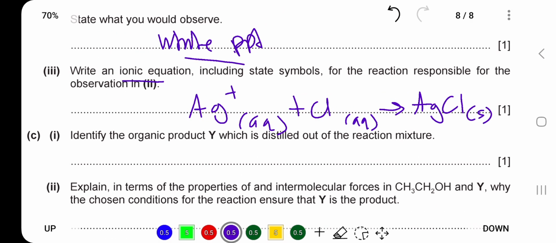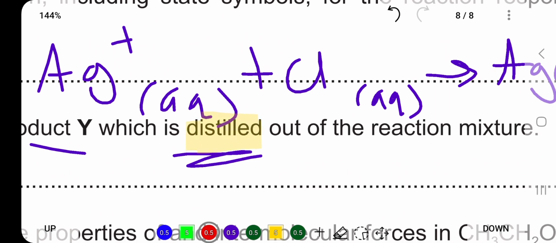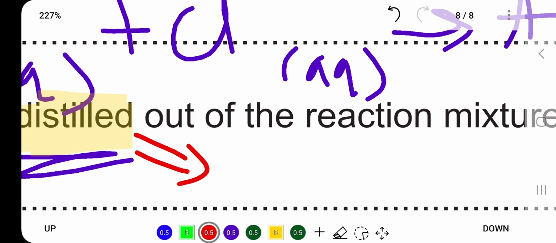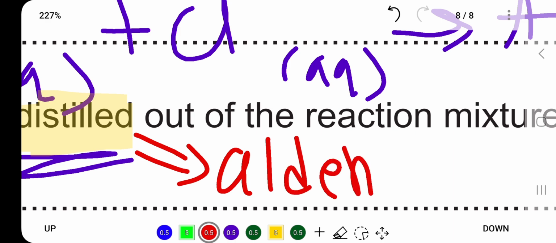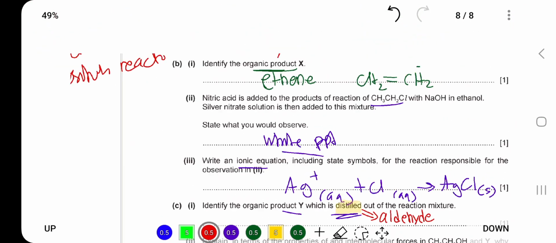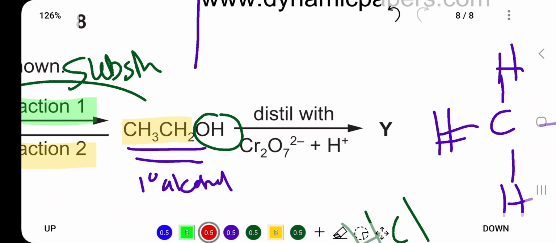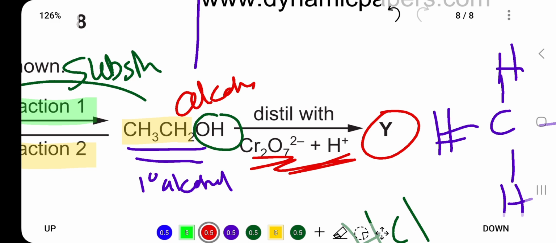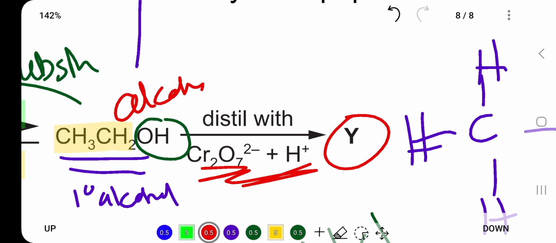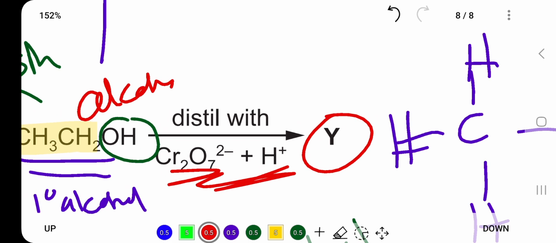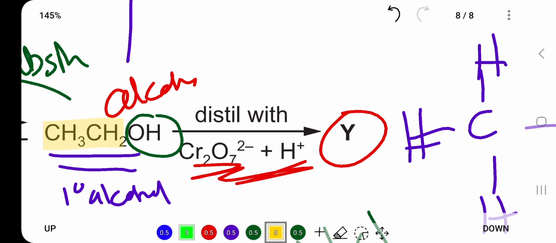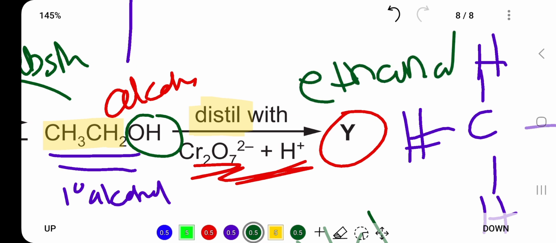Identify the organic product Y, which is distilled. Straight up, when you see distilled, you'll know it is an aldehyde. Let's check. Y here is an alcohol oxidized into something. Now we wonder, did it oxidize into a carboxylic acid or an aldehyde? This shows it is in fact ethanal.